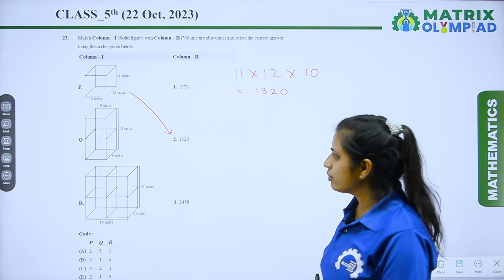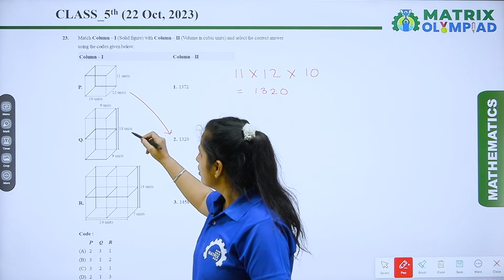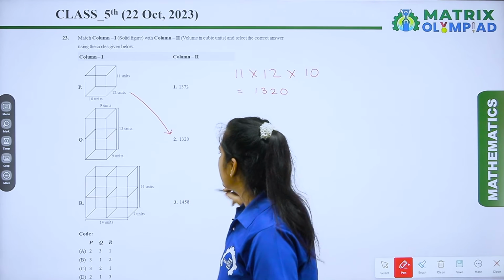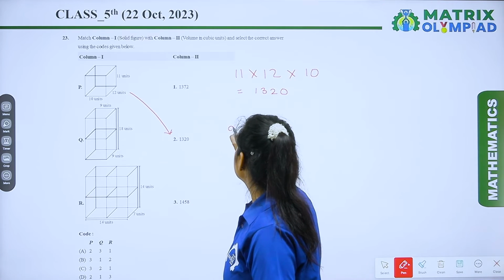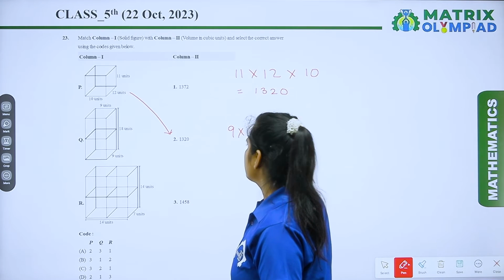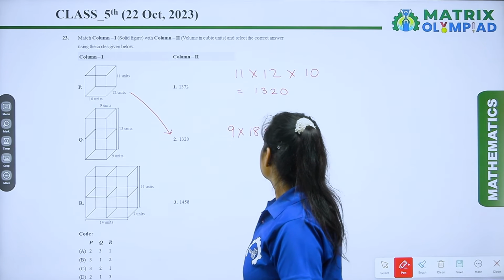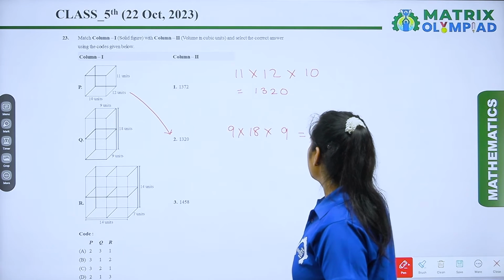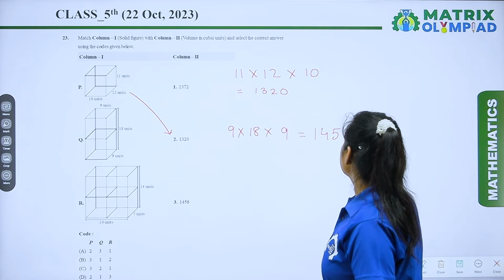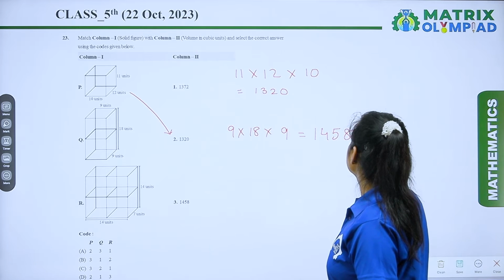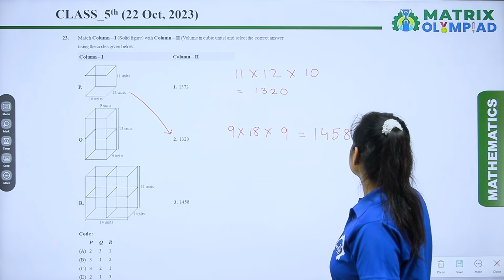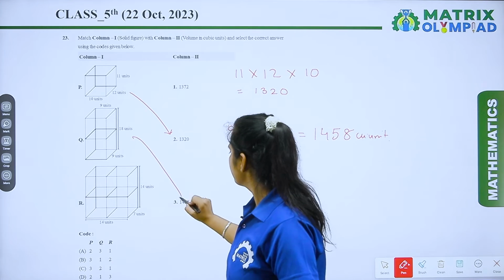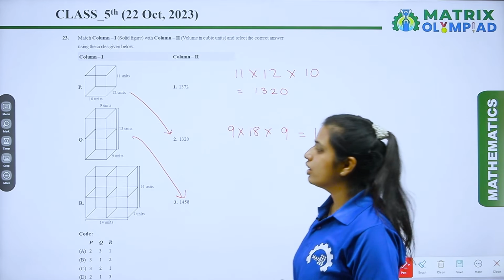Now the next one. 9 unit multiplied by 18 multiplied by 9. So here let's check the product. That is equal to 1458 cubic unit. So here we get the answer, column 2.